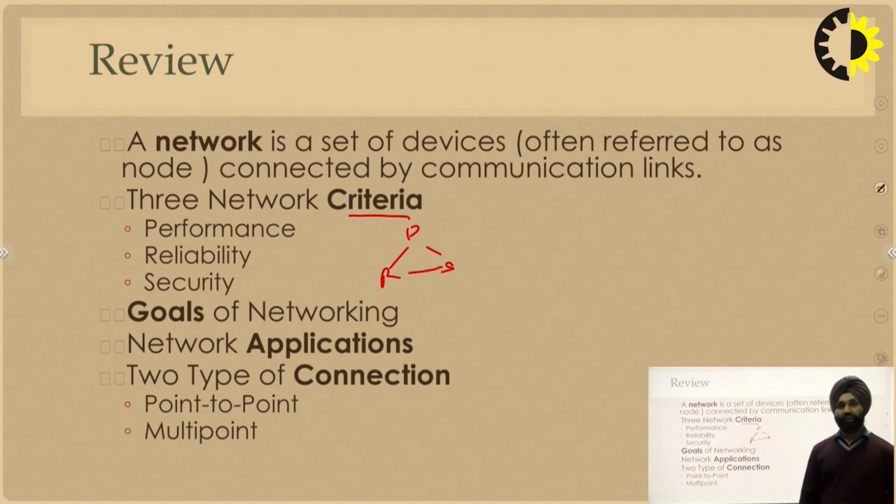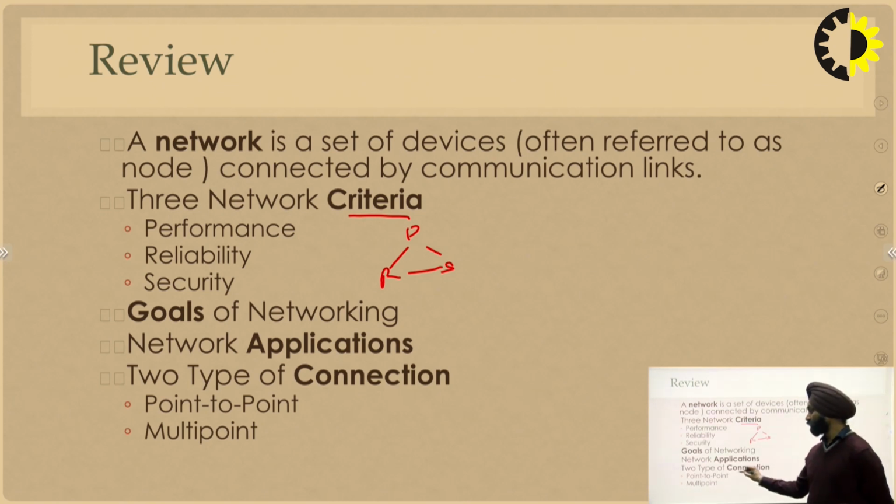Then there are different goals of the network, which are mainly created so that we can establish a network. The main goal is resource sharing, so that network cost can be shared, the load can be reduced, the user experience can be better, and the cost can be lowered.